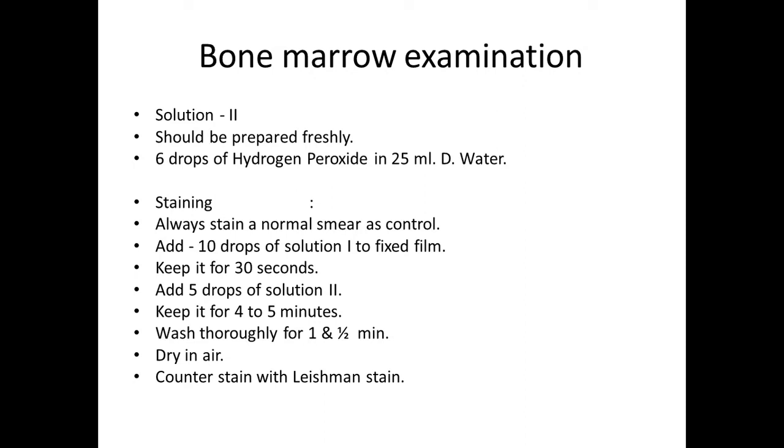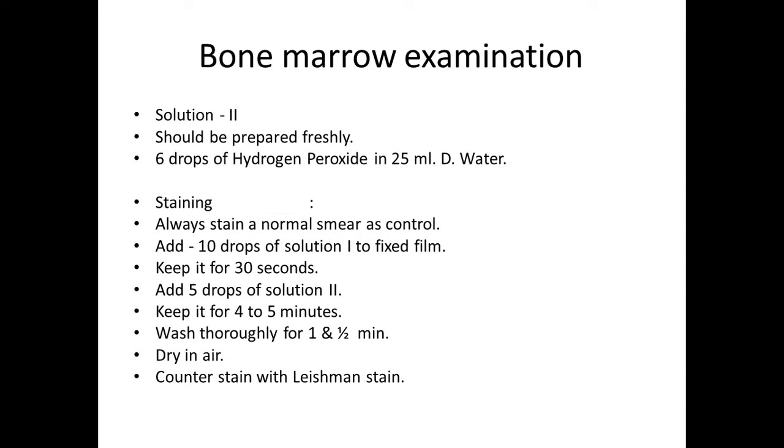It is kept for 30 seconds. Then we add 5 drops of solution 2 to the solution 1 which is covering the smear. Now this is kept for 4 to 5 minutes, and then it is washed for 1.5 minutes. The smear is dried, and further Leishman stain is done on the same smear. So it is called counter staining.